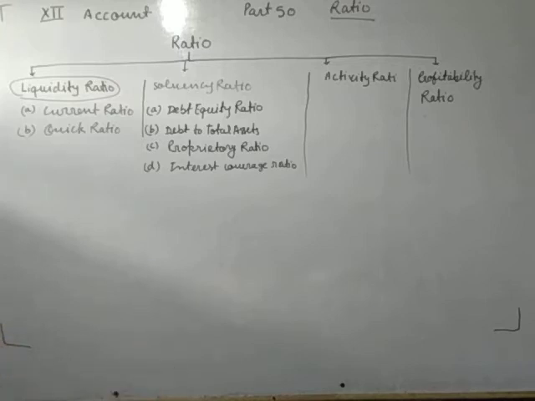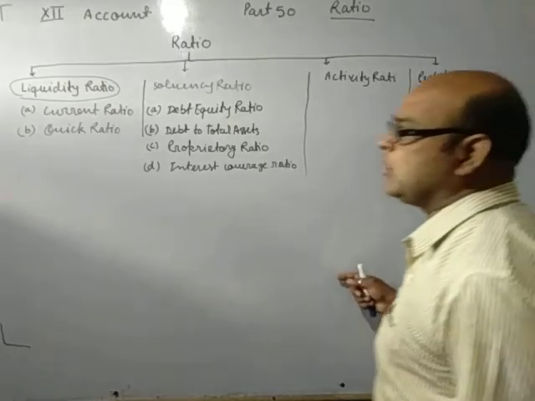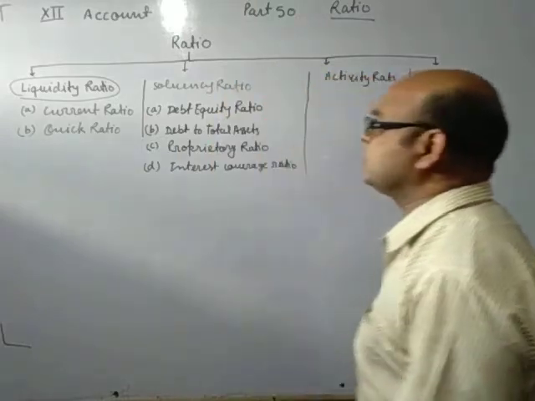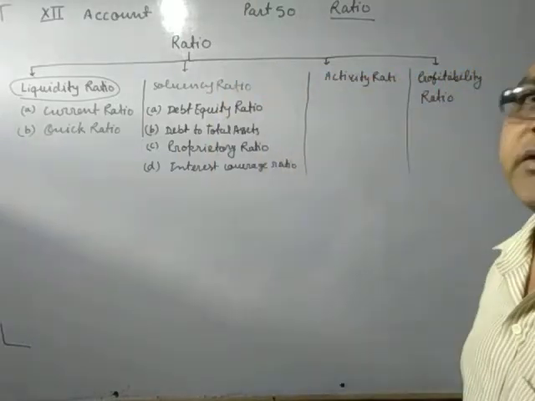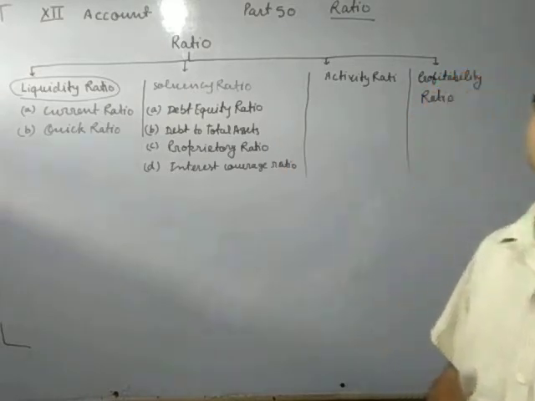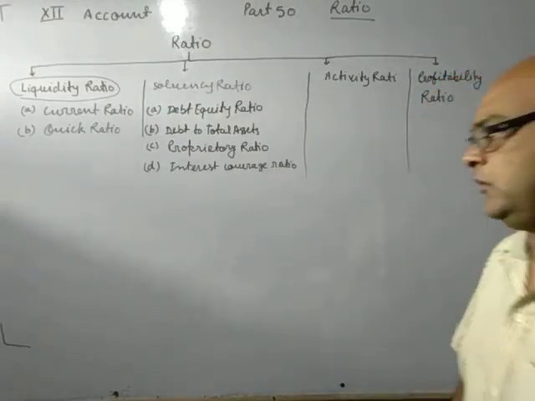Long term debt is called non-current liabilities and short term debt is called current liabilities. So current liabilities go in the study of liquidity ratio, and non-current liabilities come in the study of solvency ratio. So debt here means non-current liabilities.